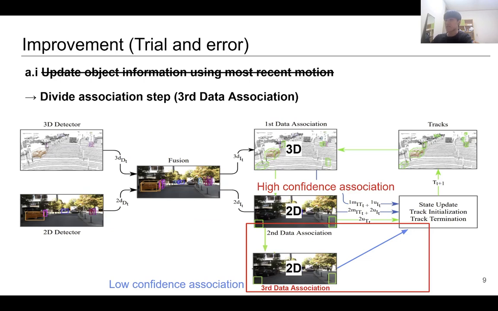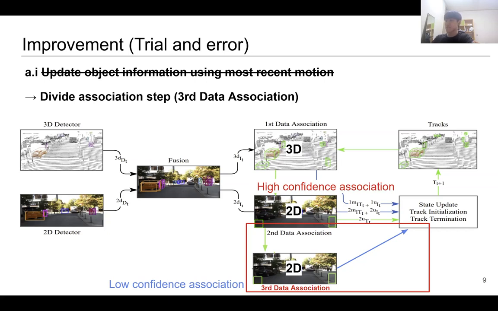We first wanted to adjust the position of the object based on its recent movement. However, we struggled to do this in a 3D coordinate system, and for some reason, it didn't improve performance. We were running out of time, so we decided to change direction and propose a new methodology.